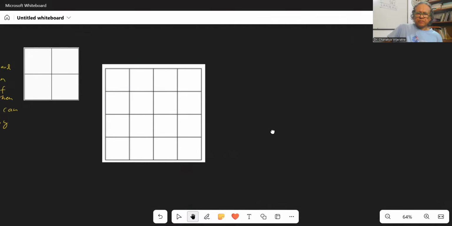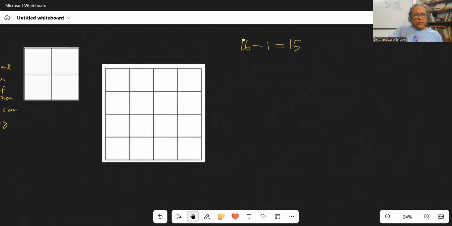Now, let's check whether it has a multiple of 3 squares. Then it may or may not be tiled by L-trominoes. So 16 squares altogether, 16 minus 1 is 15. So this may be tiled, we have to check. Okay.